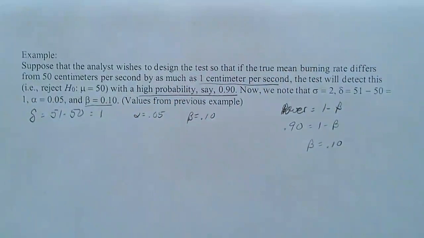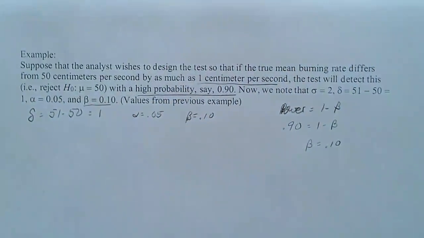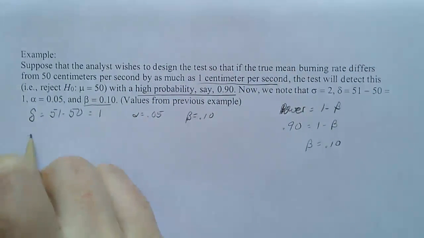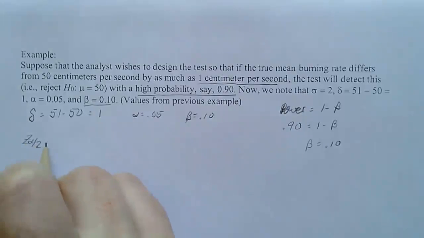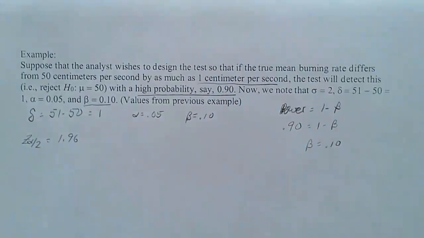Our standard deviation is unchanged. And so now we're going to calculate what sort of sample is required so that I can actually detect this appropriately. And so my z of alpha over 2 is 1.96, as it has been all along.